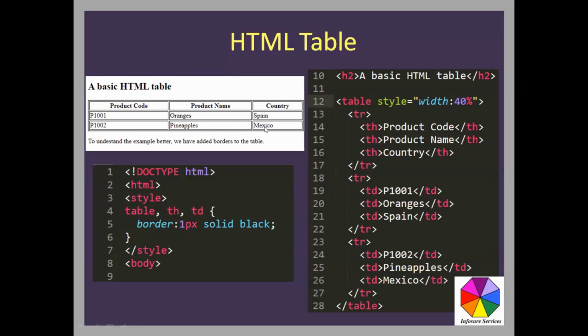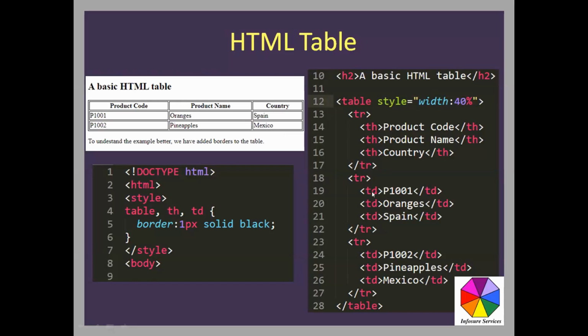Whenever you see one TH, it's one column title. Another TH is the second column title, which is product name, and the third TH is country. So this is the first row with header information only. The second and third rows are all table data.